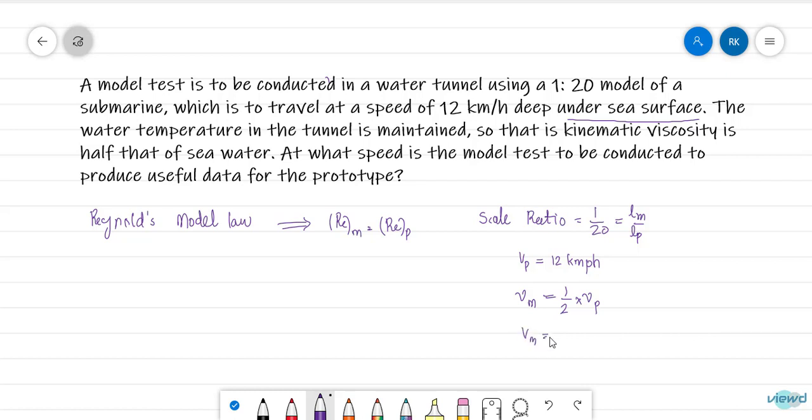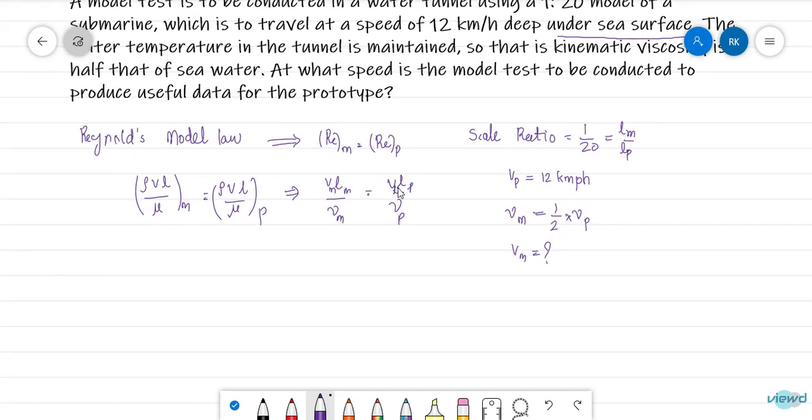So Vm is equal to what? The Reynolds number of the model, rho V L by mu of model, is equal to rho V L by mu of prototype. Mu by rho is nu, the kinematic viscosity. So V L by nu of model equals V L by nu of prototype.